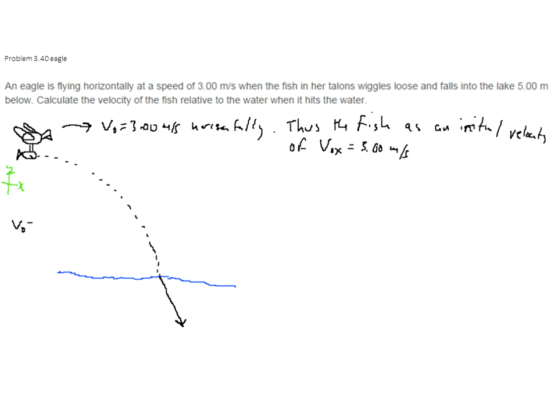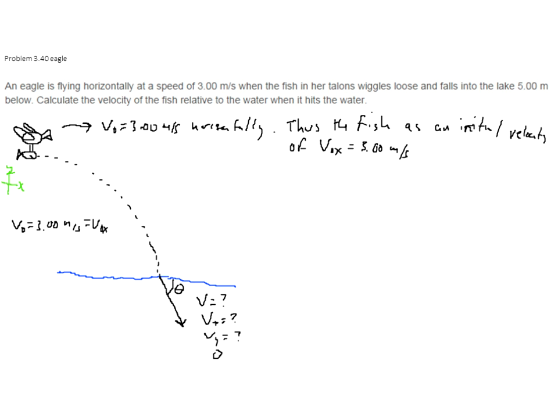So if we look at this, we know V0 is 3 meters per second. That's V0x. So we want to calculate V final. So we want V, and we don't know what the x component is. We don't know what the y component is.